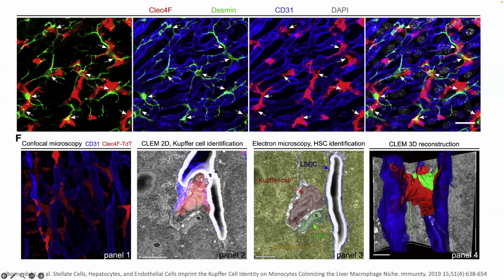If you do 3D electron microscopy, you can even see that the Kupffer cell in red is basically hugging the stellate cell in green, and it has the arms protruding into the veins here, because one of the functions of Kupffer cells, as a macrophage, an immune cell, is to probe for things and react to things, right?